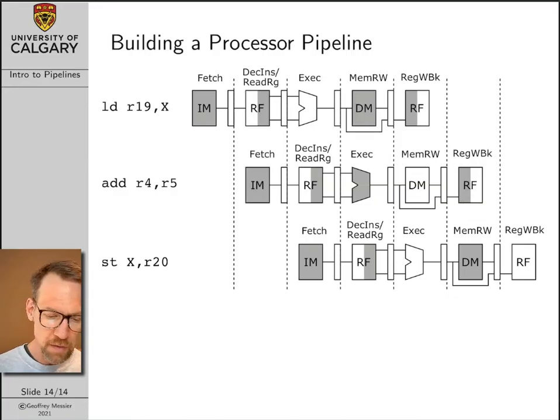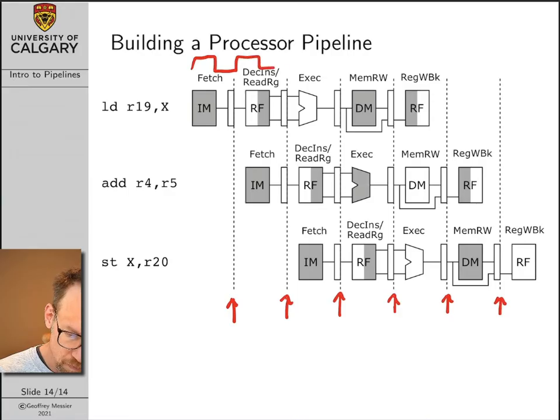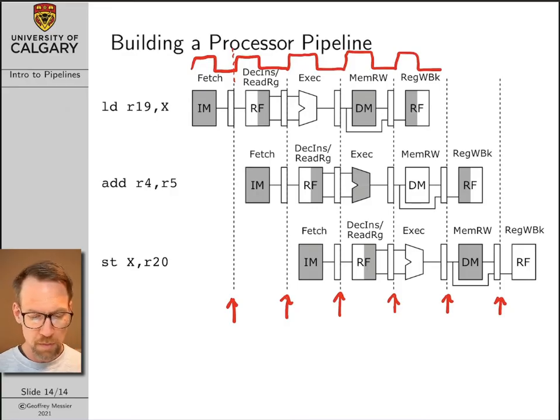And so to kick this off, you'll notice that the diagram is divided into segments by these dotted lines. Each one of these segments represents one clock cycle. So you can imagine our clock waveform. This first segment corresponds to one period of our clock.